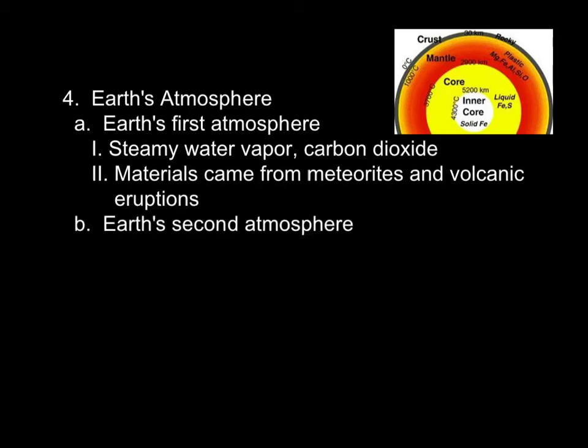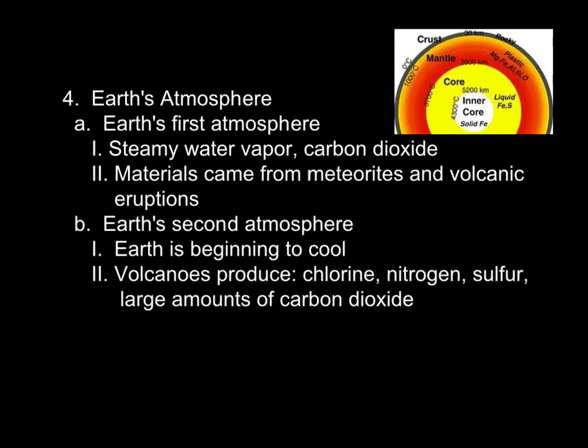Then we transitioned into a second phase of the atmosphere. Now in the second atmosphere, the Earth is beginning to cool. Some of the things that are crashing into the surface are starting to have a little bit less effect. There are volcanoes everywhere though, which are producing things like chlorine, nitrogen, sulfur, and large amounts of carbon dioxide.